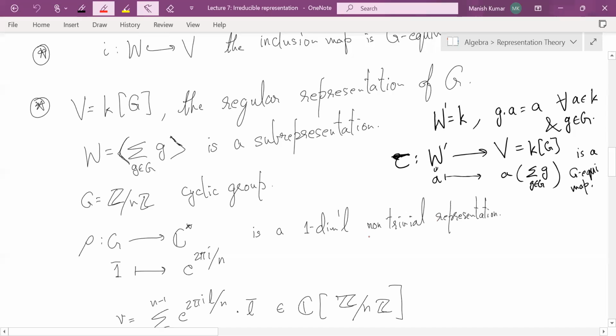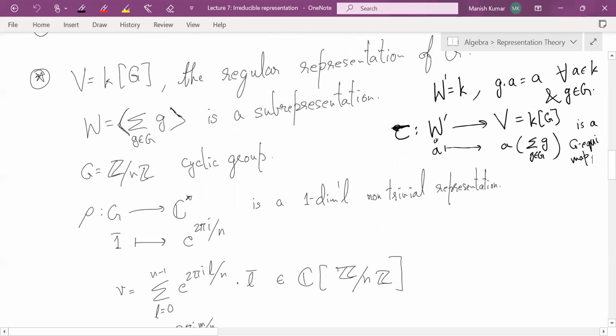We'll define irreducible representation today, hopefully. One-dimensional representations are trivially irreducible; you can't make them smaller anyway. So this should also appear in KG.